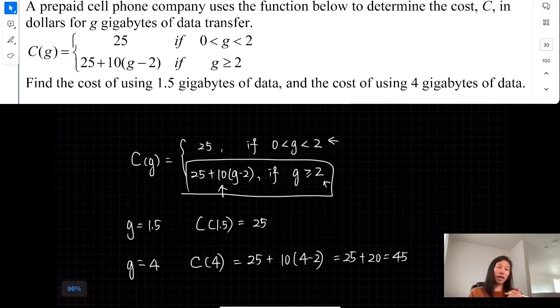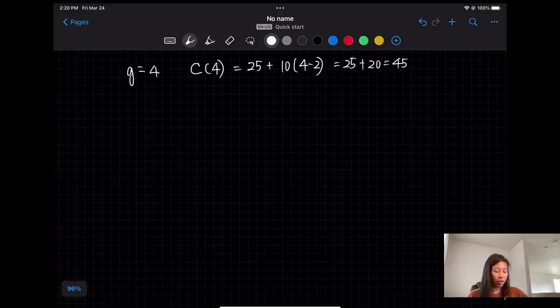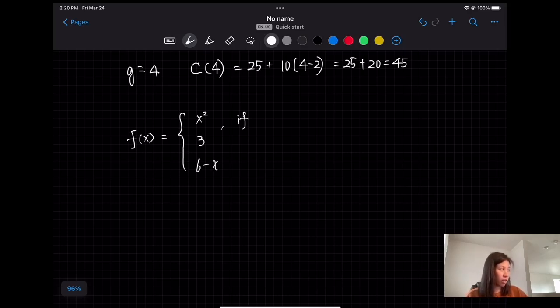Okay, so now the next part I want to talk about is how to graph the piecewise function. If I give you a piecewise function, f(x) equals x squared if x is less than or equal to 1, and f(x) equals 3 if x is between 1 and 2, and f(x) equals 6 minus x if x is greater than 2.